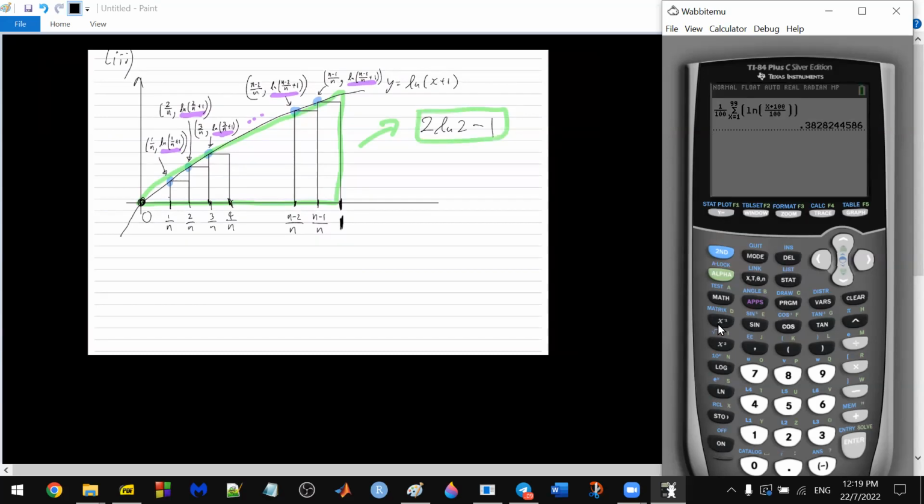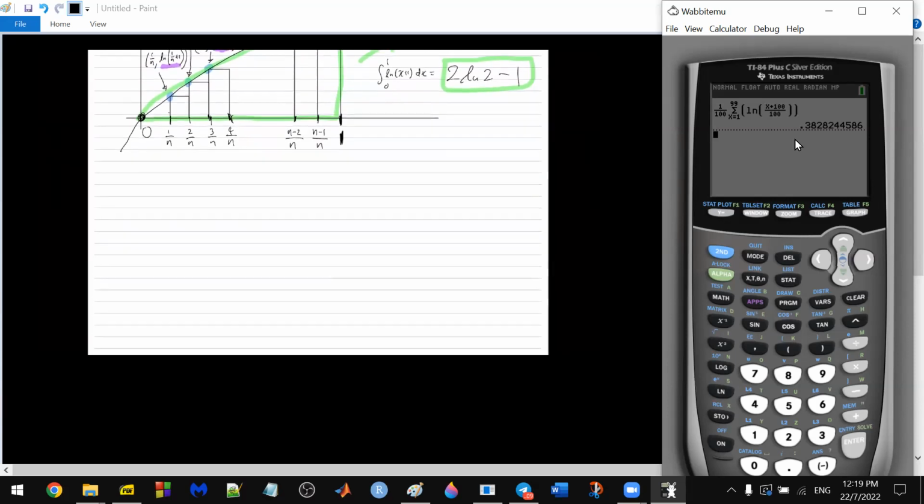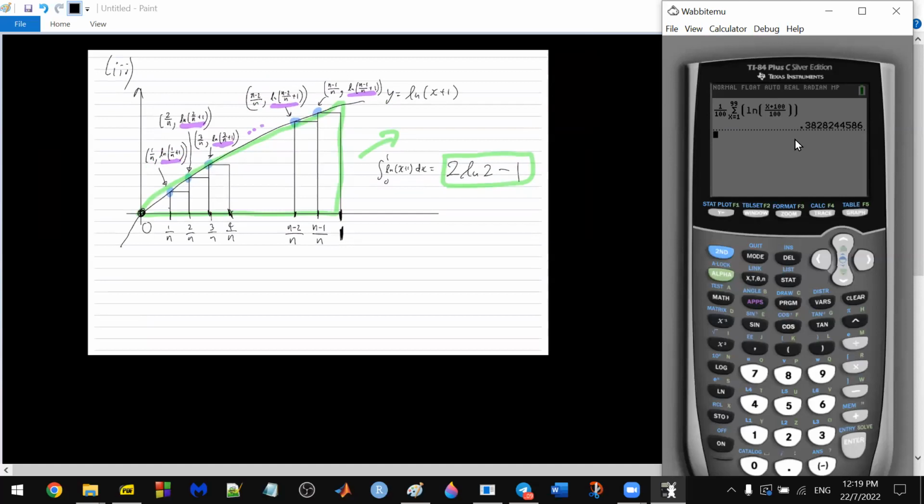Okay, that's equal to the integral of ln(x plus 1) dx from 0 to 1. Okay? Is that clear? Can I just equate to the area? Almost there. But then you need to actually, let me think a bit.